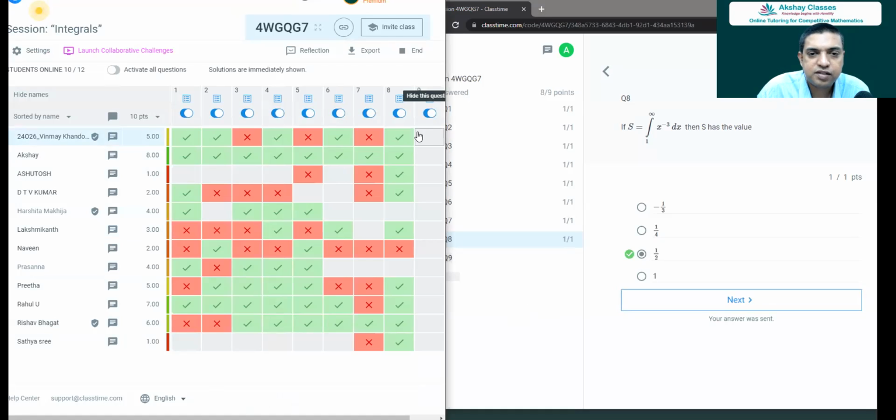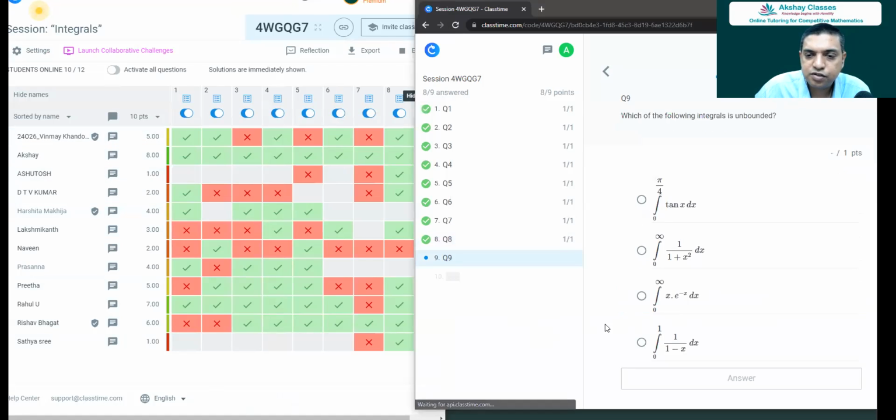Now look at this question. Question 9. This was also given in one of the GATE exams.